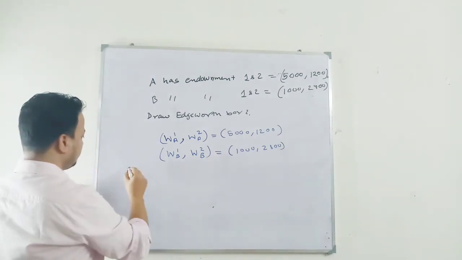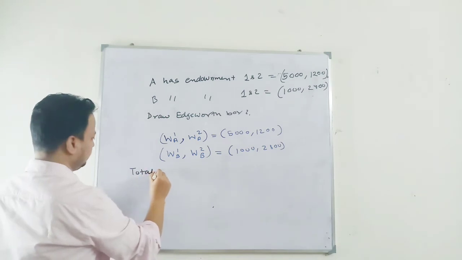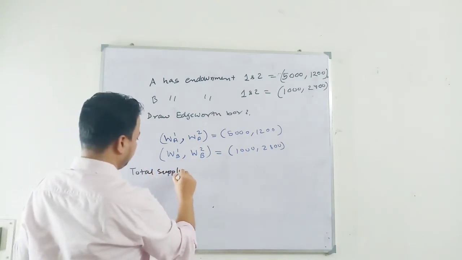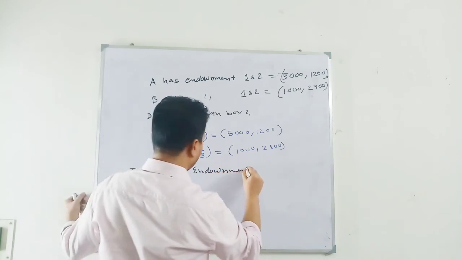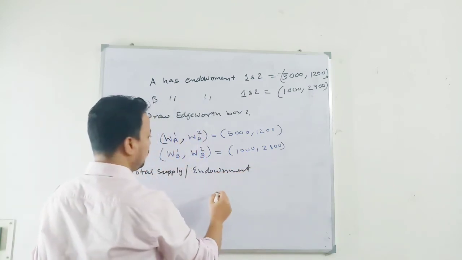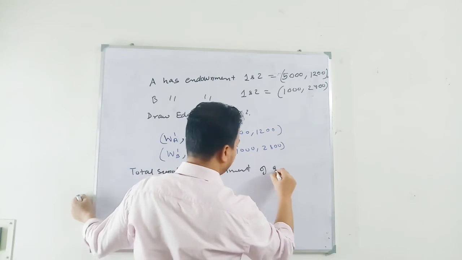So the total supply, or total endowment, of goods 1 and 2.